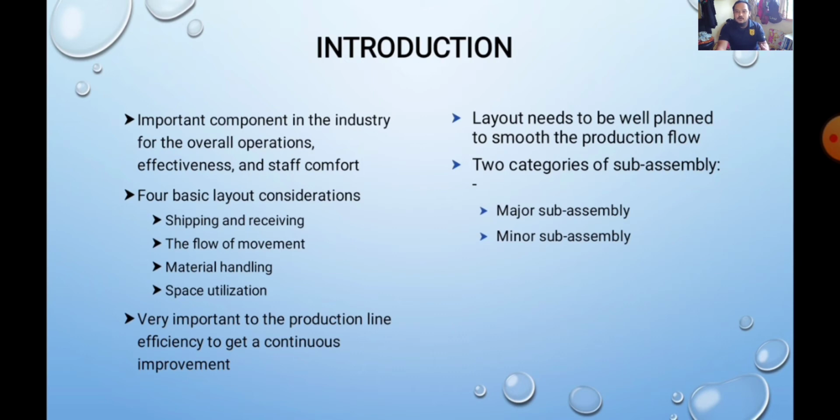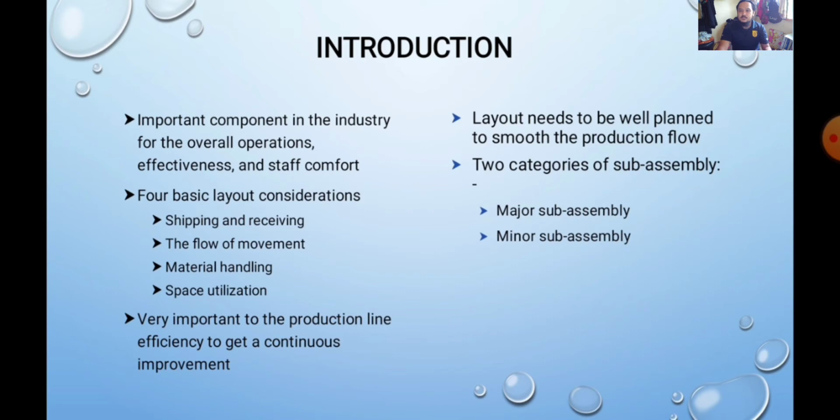So there are four basic layout considerations, which are shipping and receiving, the flow of movement, material handling, and space utilization. So layout considerations must fit effectively according to the function and the production plan.